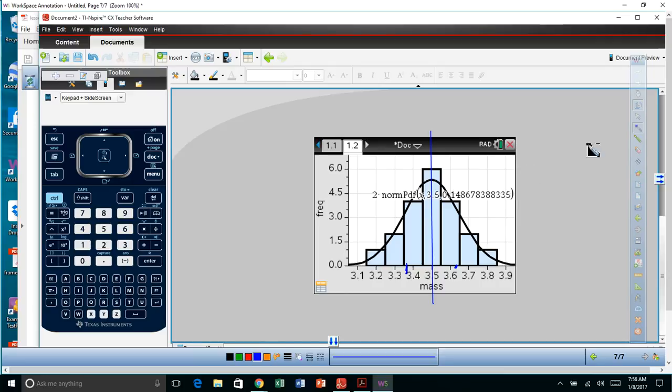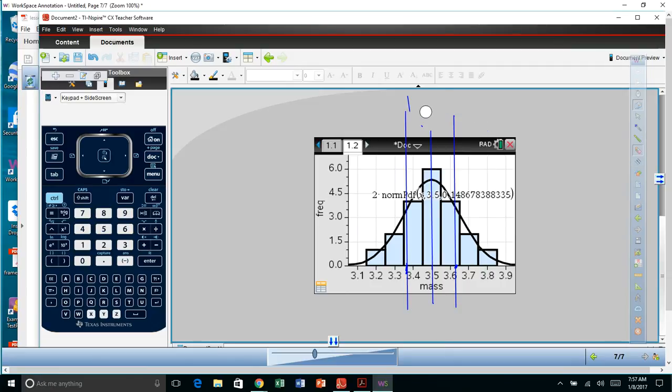And let's see here. Let's draw that. So we're looking from a little bit off, and 3.36. So we're looking at this area right here. A little bit off. Still a little off. That's better.